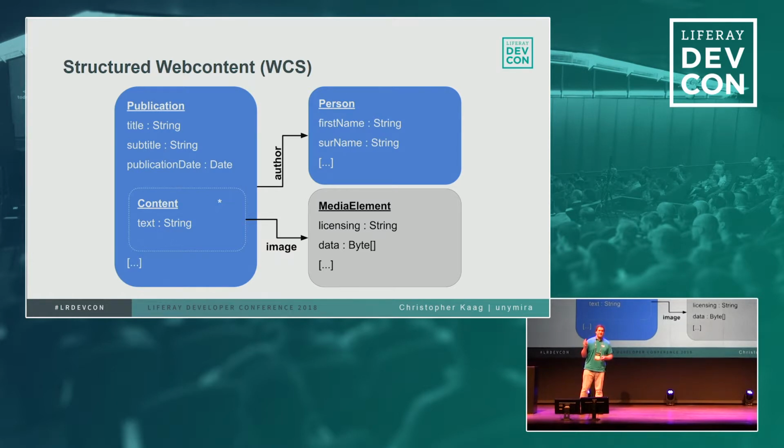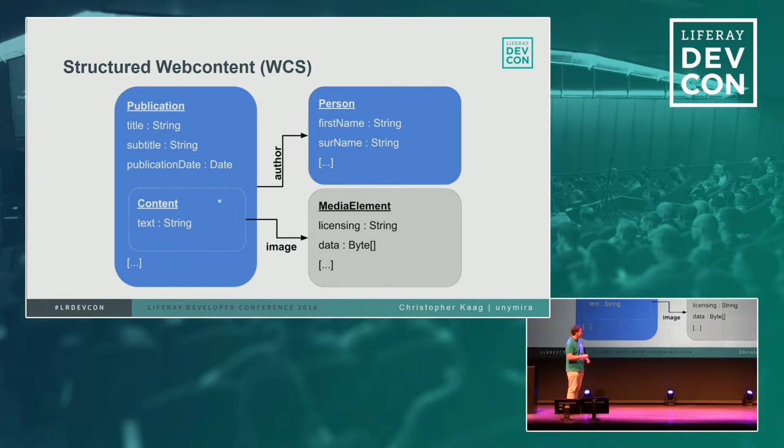But secondly, there's a small issue we noticed. This author reference to persons cannot actually be modeled in Liferay. You can enter references between web contents, but you cannot limit this reference to only allow persons. If you create a new web content structure and add a new field, for example this author field, you could enter any kind of web content.